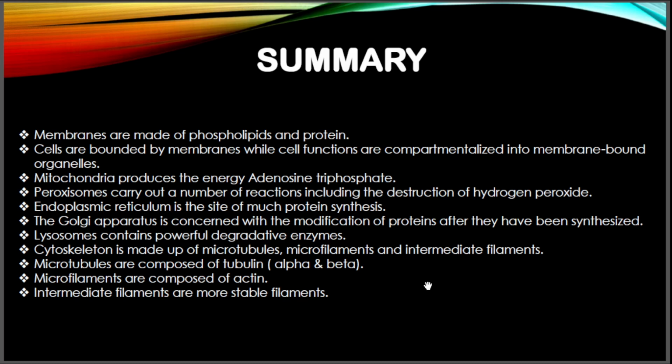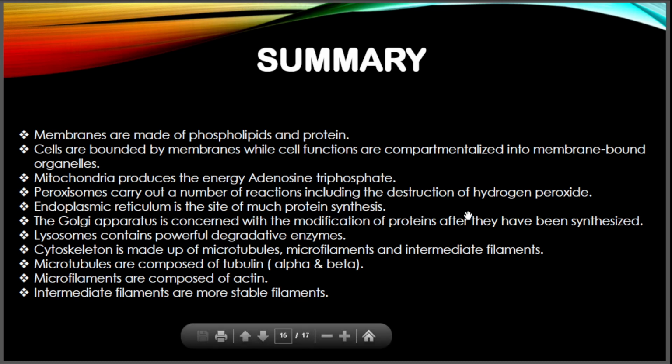The organelles are surrounded by the cell membrane, and the functions of the cell are compartmentalized into different organelles. Now, the mitochondria produce the energy, that is adenosine triphosphate, and more than one mitochondrion can be present inside the cell depending upon its activity. The peroxisomes destroy hydrogen peroxide into water and oxygen.